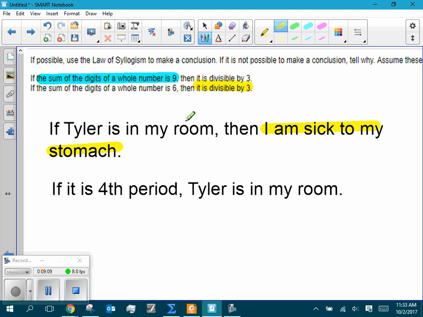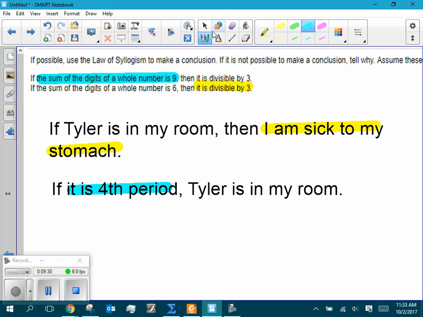If this part is met, if he's in here, I'm going to be sick. If he's not in here, I'm perfectly healthy. We look at that conclusion and see, does it match that hypothesis? Being sick to my stomach, is it the exact same thing as fourth period? No. So there's no conclusion looking at them in that order.